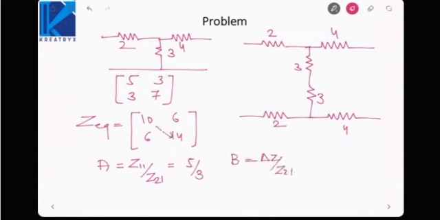Delta Z is 140 minus 36, that is 104 by 6, that is 52 by 3. C will be 1 by Z21, that is 1 by 6. D, Z22 by Z21, that is 4 by 6, or we can say 2 by 3. So these will be my ABCD parameters.